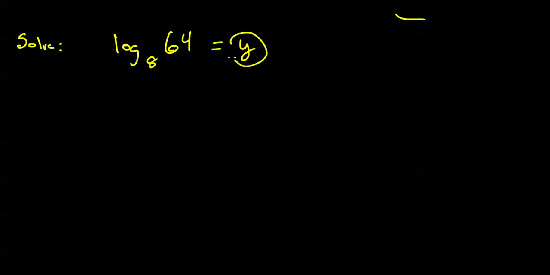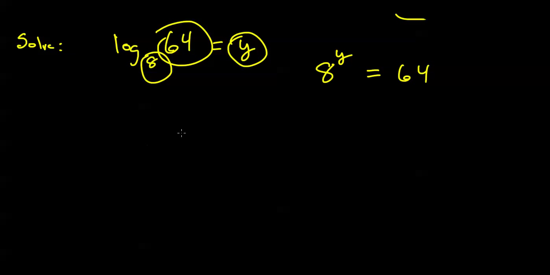Let's try some tougher ones here. Solve the log of 64 base 8 equals y. I'm not sure how much tougher this one is. Well, so y is the exponent we put on 8 to get 64.